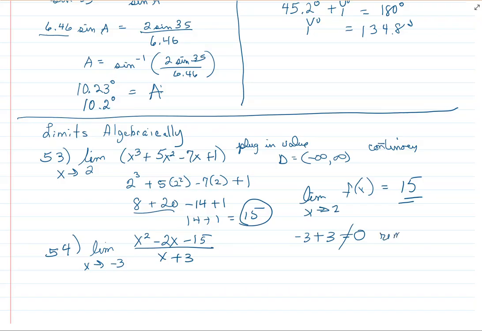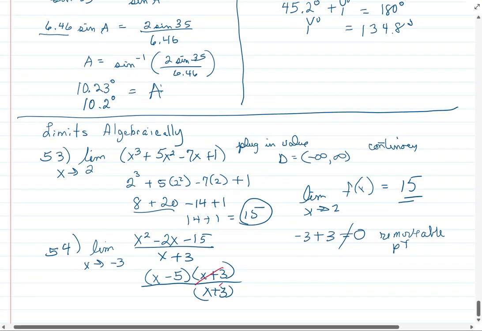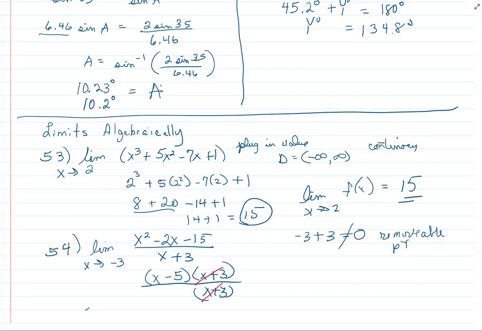All right, so we're going to do the F word. And this is 3 and 5, and 5 is the negative. So now we can cancel it out, and now we can drop it in, because we're now doing the limit as x approaches negative 3 for the value x minus 5.